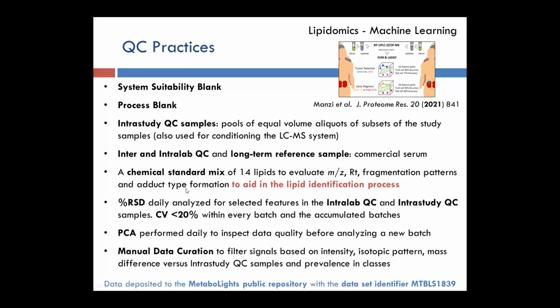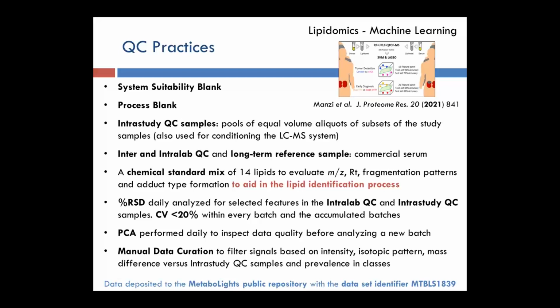considered important the analysis of a chemical standard mix of 14 lipids to evaluate not only the retention time and m/z and fragmentation patterns from different lipid classes, but also to analyze and identify the different adduct types that were formed based on the mobile phase used in the chromatographic method, which aid in the lipid identification process.